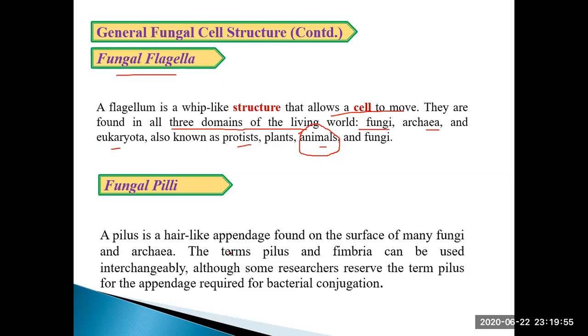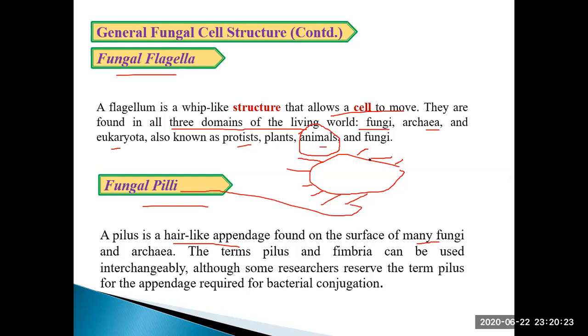It's also called flagella. Then another thing is called pili. Pili are hair-like appendages found on the surface of many fungi. Lots of such material is present on the body surface; it's called pili.